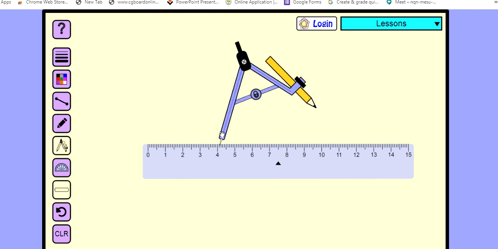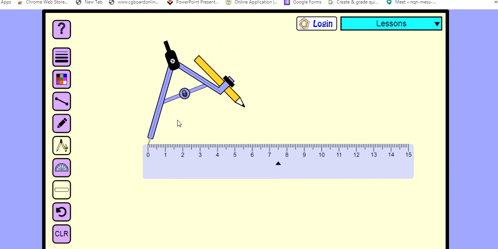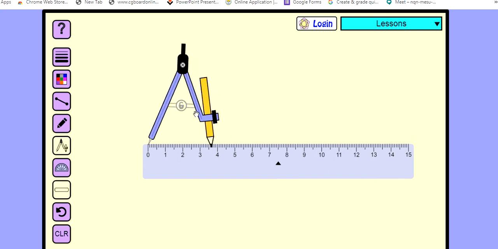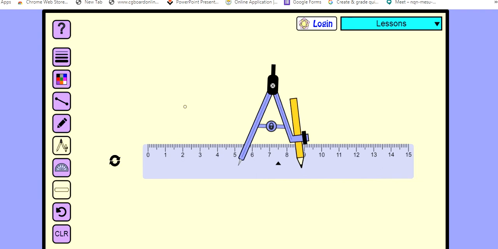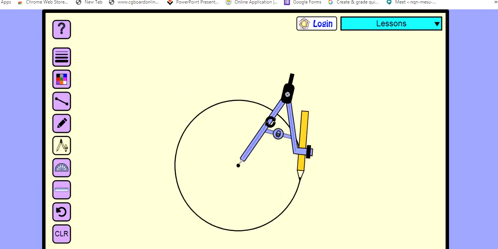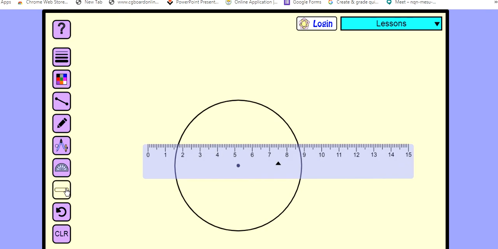So this is your compass and 3.6 radius. Then we will draw a circle. So this is your circle having radius 3.6. Now in the circle draw a chord AB is 5 centimeter.